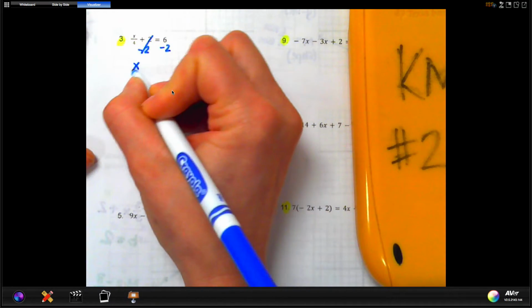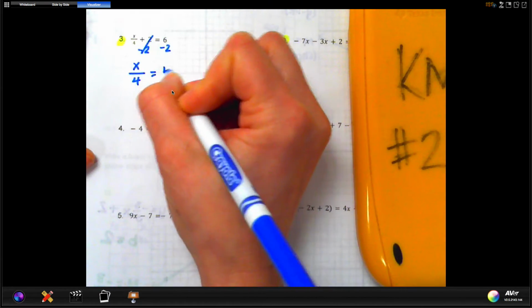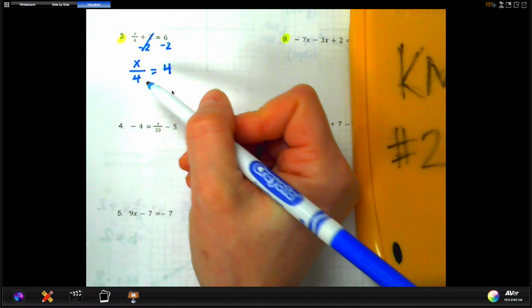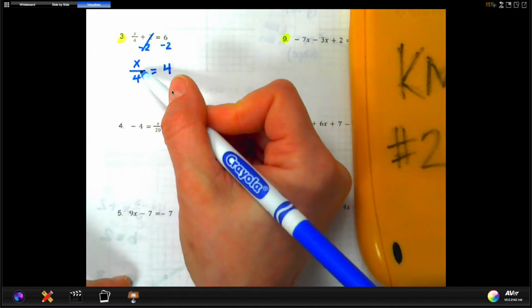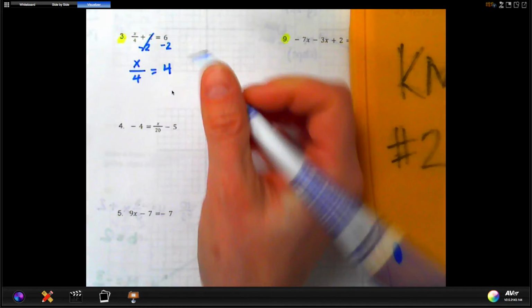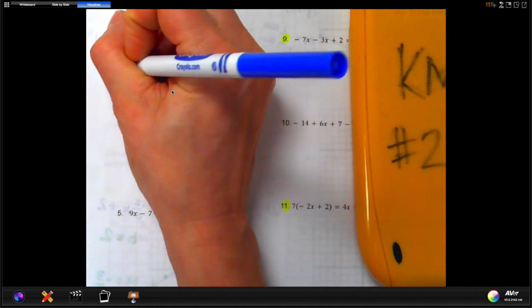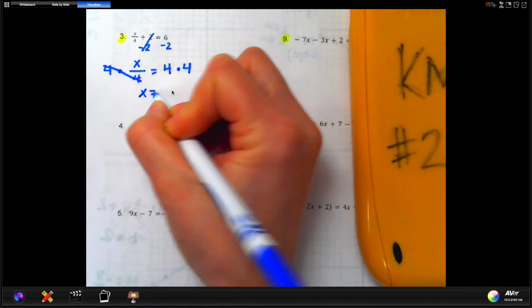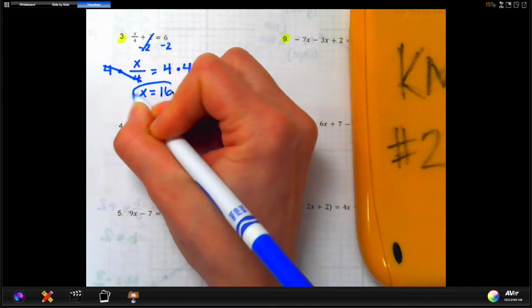So you get x over 4 equal 4. Okay, remember that a fraction in math means division, so to undo an x divided by 4, we times by 4. So I times by 4 here to cancel it, and I times by 4 over here to get my final answer, x equal 16. And that's my answer.